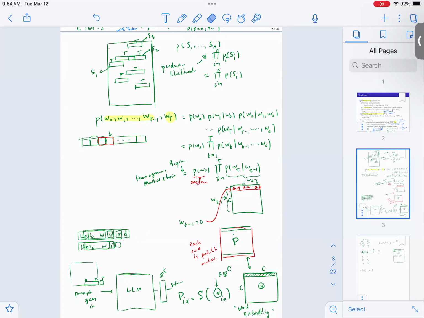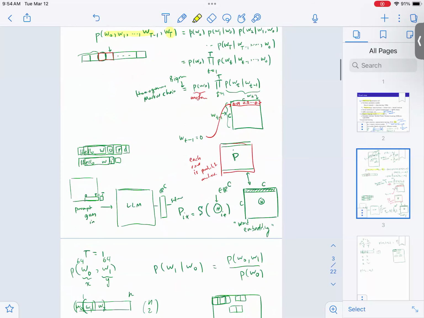We used the ERM framework. We set it up as an optimization problem rather than a counting problem. How did we do that? We recognized that we can think of this as a parameter.